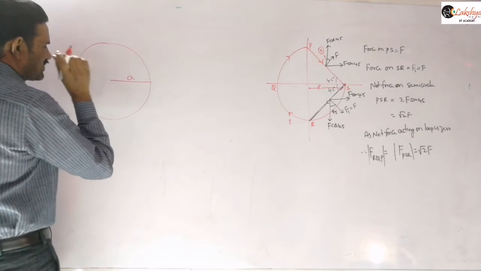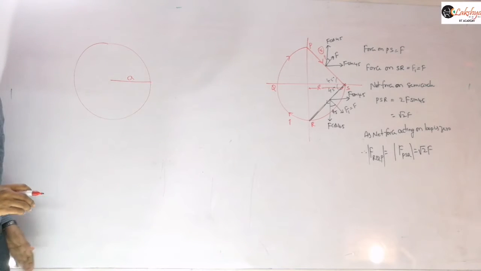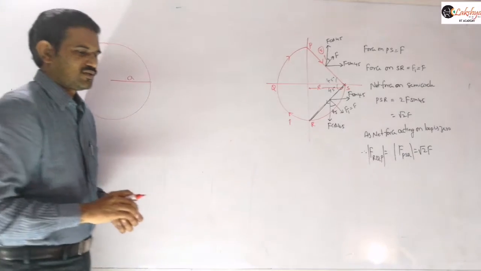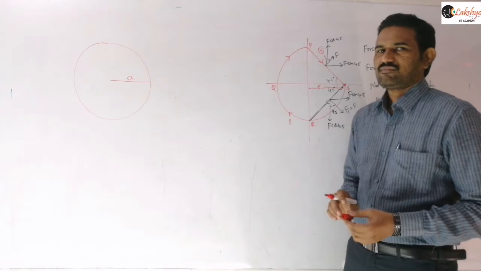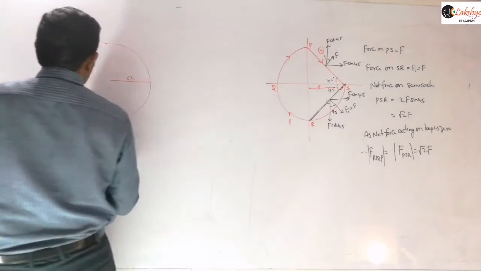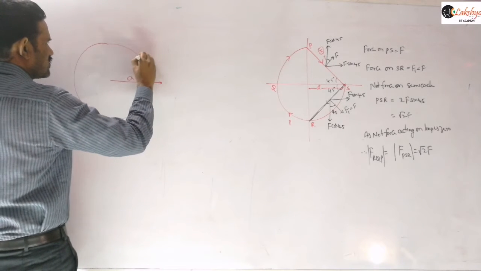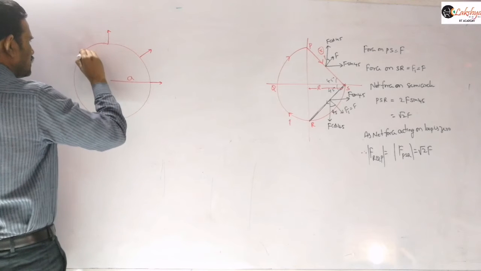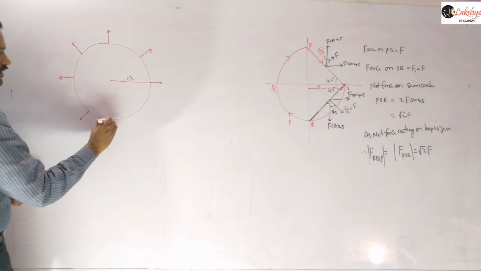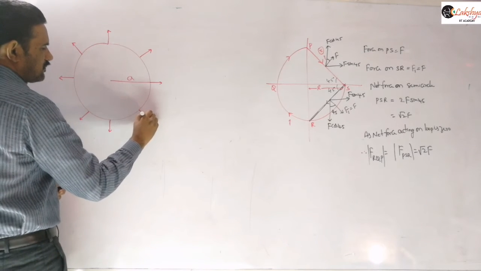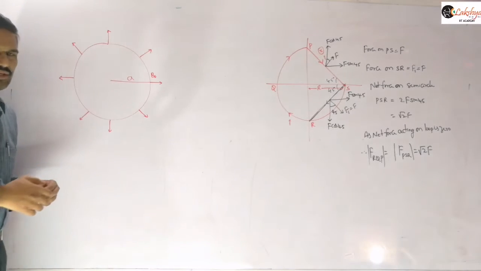A circular loop of radius A is placed in a radial magnetic field lying in the plane such that its magnitude is equal to B naught on the circumference of the circle.